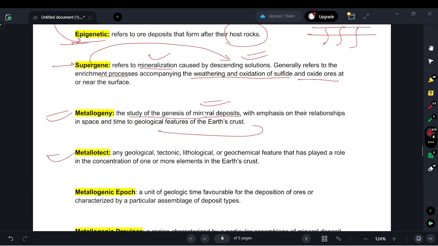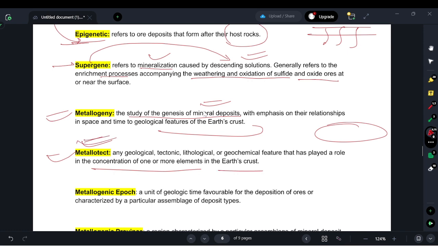It is any geological or tectonic factor which has played a role in the concentration of that ore in the earth crust. Whatever role has been played for the concentration of that ore onto the earth crust, it is called the metallotect.